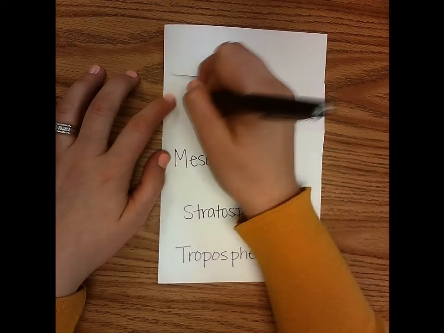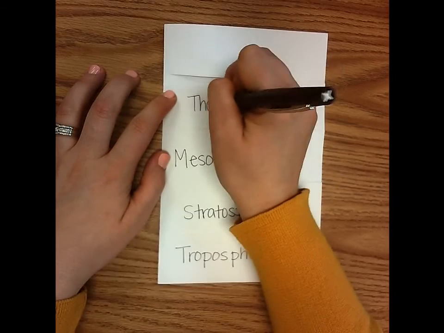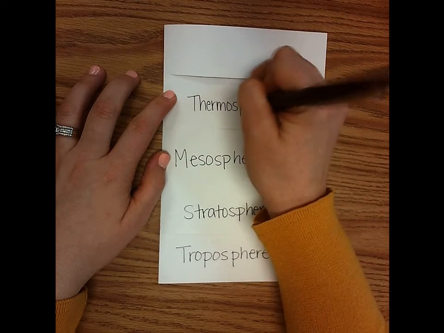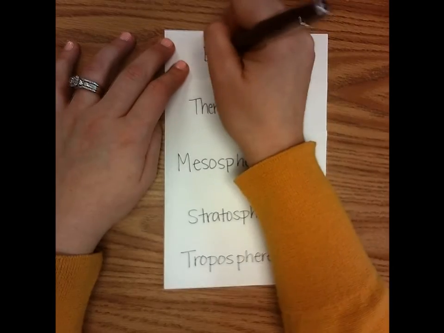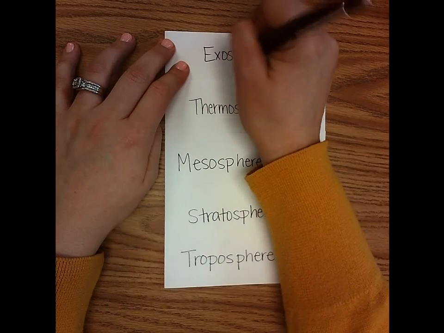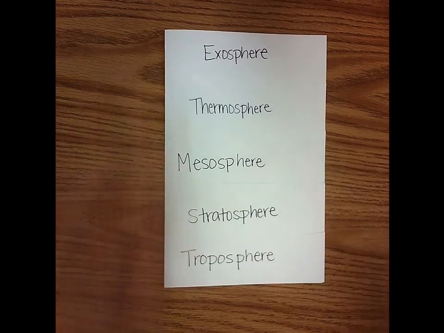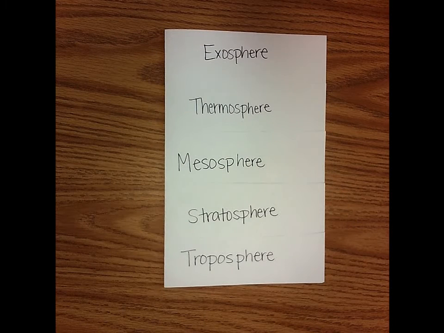Then you have the thermosphere. And the exosphere. So you have all 5 of your foldable tabs labeled and cut.